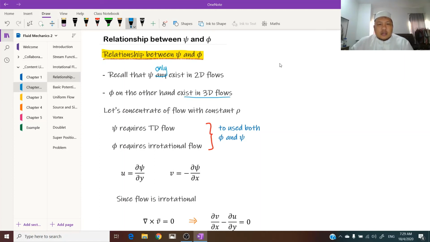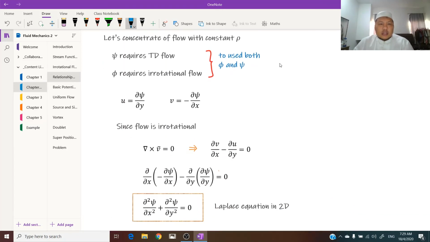Let's concentrate on flow with constant density. So psi requires 2D flow, and phi requires irrotational flow.